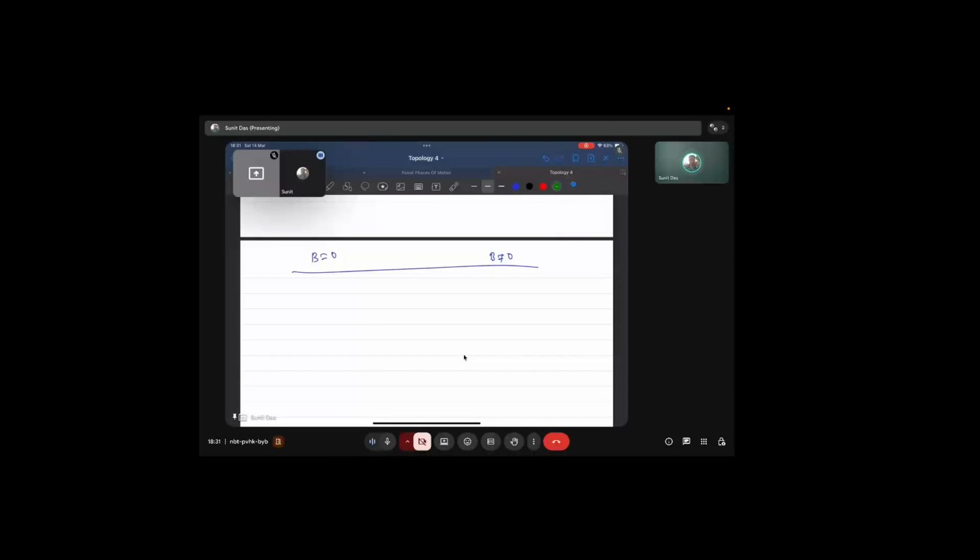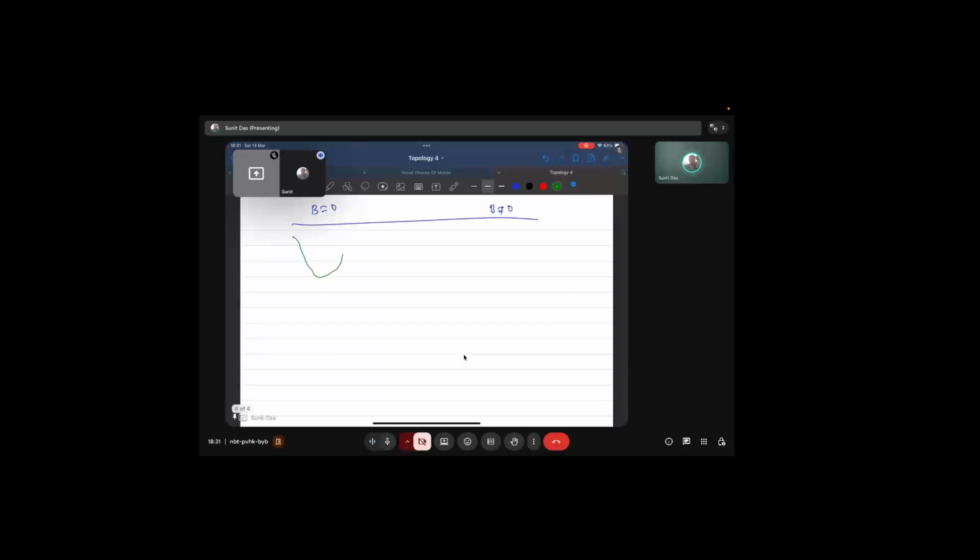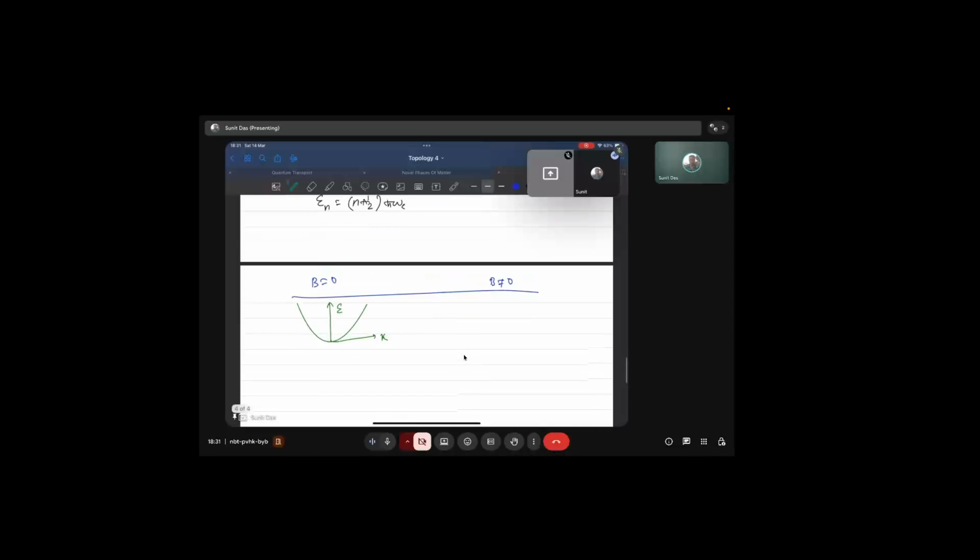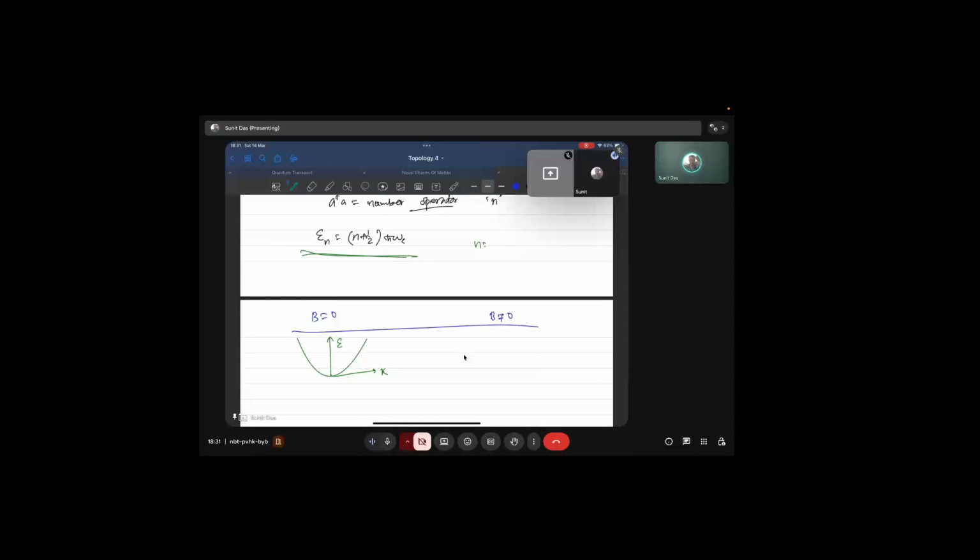So we had this kind of band structure, a parabolic band dispersion, where this was energy and this was momentum. But the moment you quantize the Hamiltonian in the presence of the magnetic field, this is the energy, and n goes from 0, 1, 2, and so on.